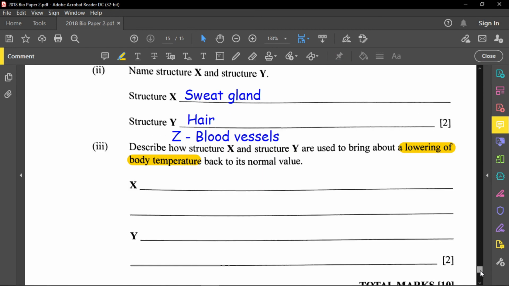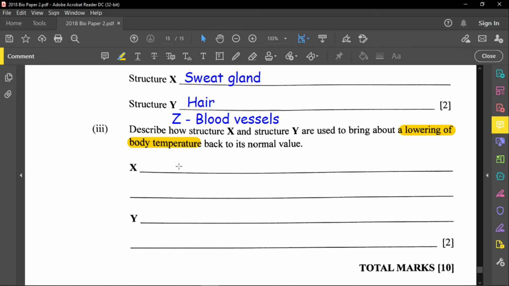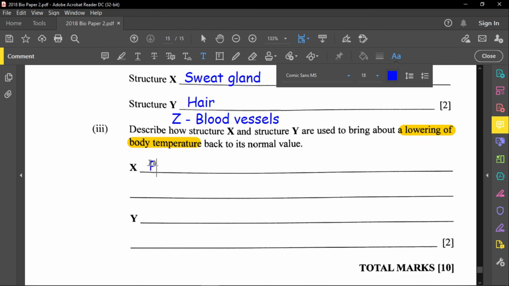All right, first one, let's talk about X. X produces sweat.